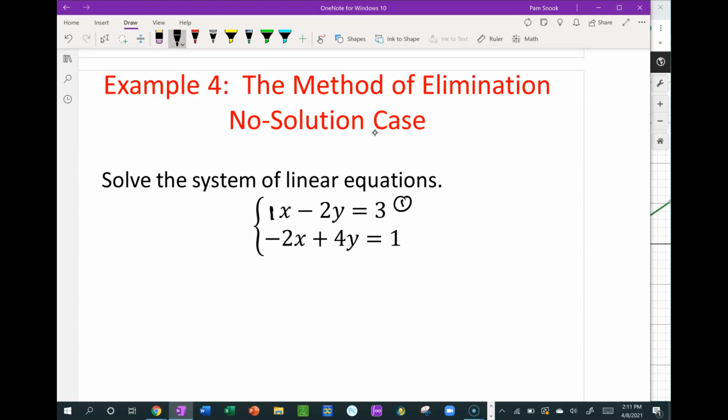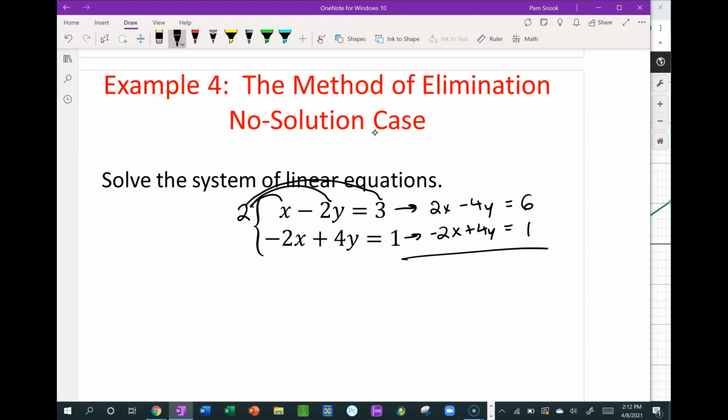And then in equation number 2, I have a negative 2. So what I'm going to do is multiply my first equation by a positive 2. And let's see what happens. So I get 2x minus 4y equals 6. And then my second equation just stays as it is, negative 2x plus 4y equals 1.